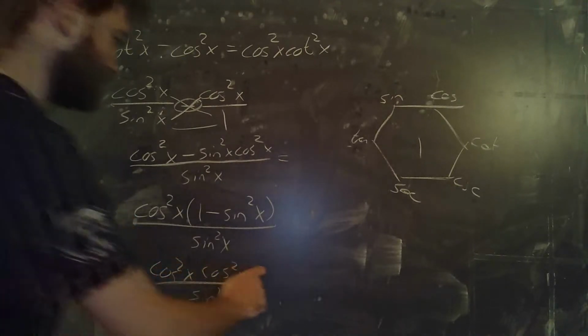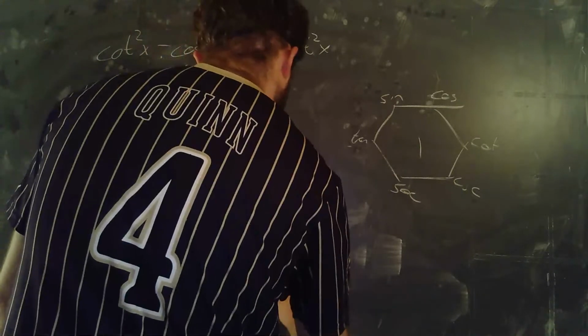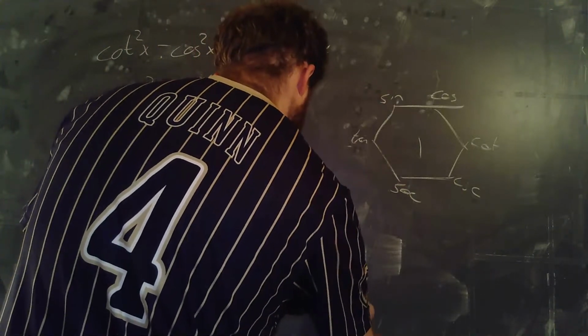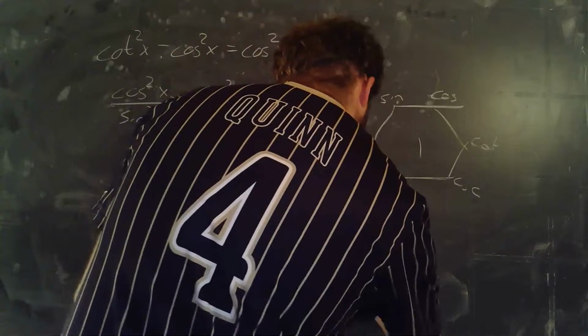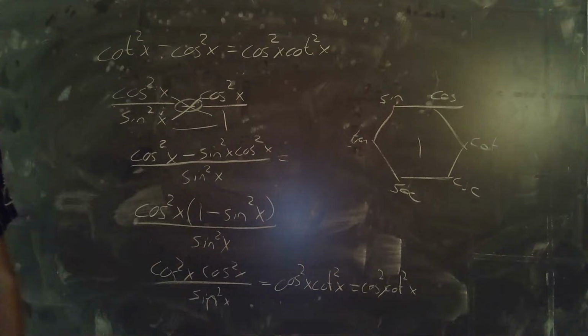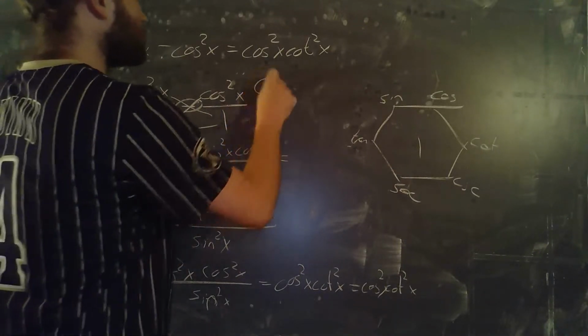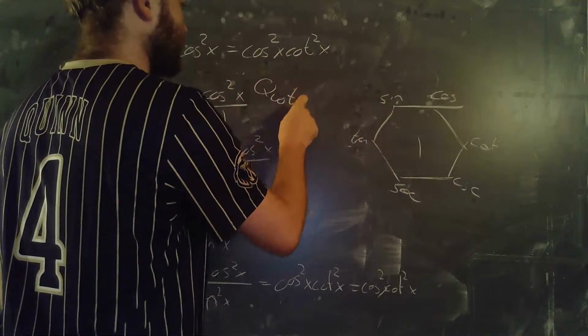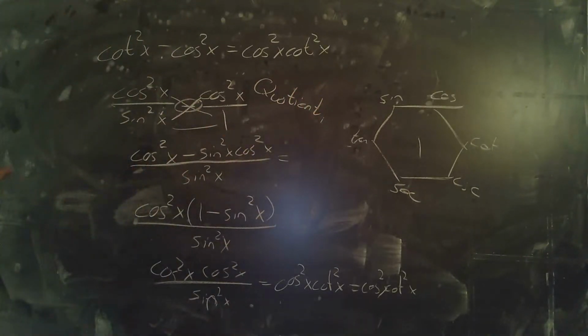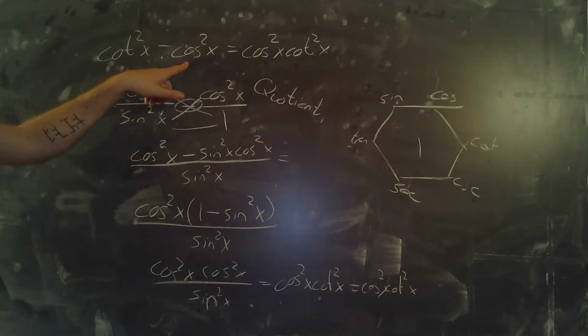I have a cosine squared. So this is going to make cosine squared times cotangent squared, which is the required identity. And I'm done. So throw some reasons on there. We used a quotient identity here, but not a reciprocal, as was pointed out earlier. We didn't have to change this, so there wasn't a reciprocal identity.